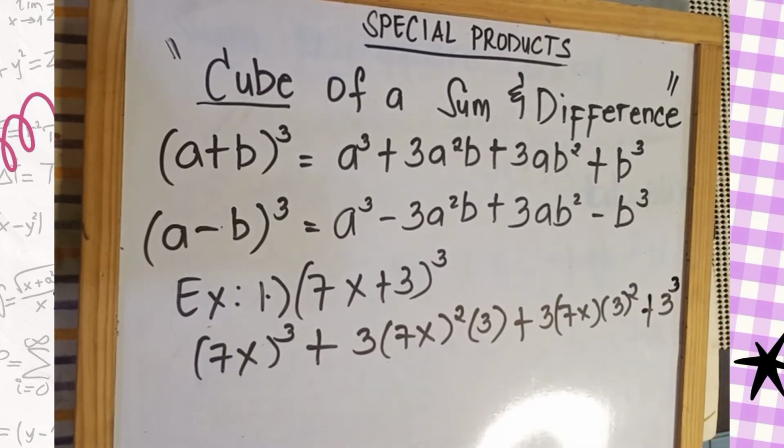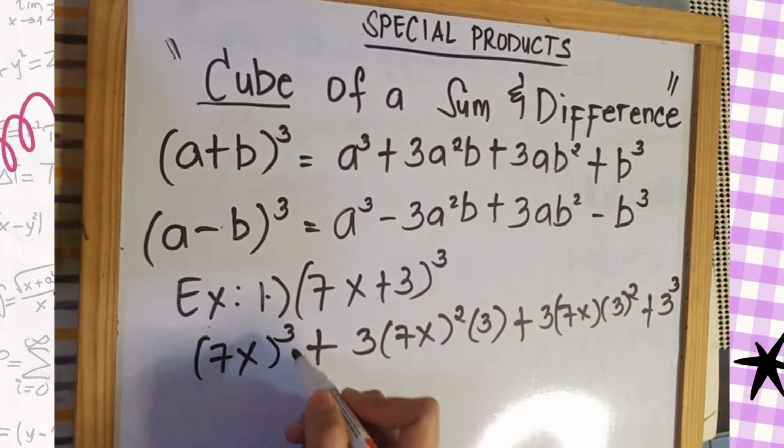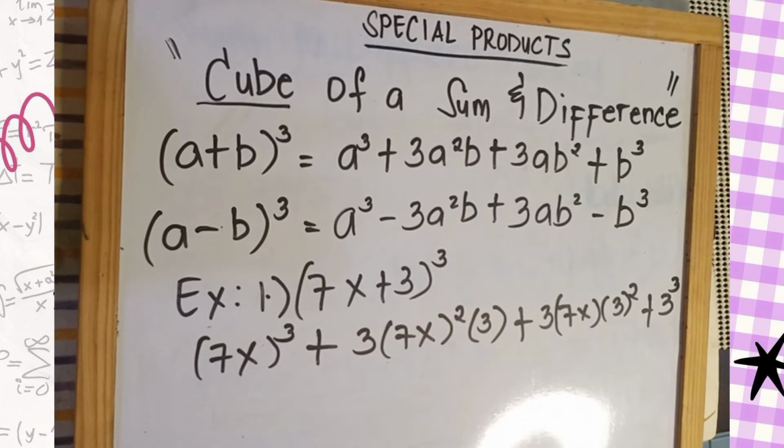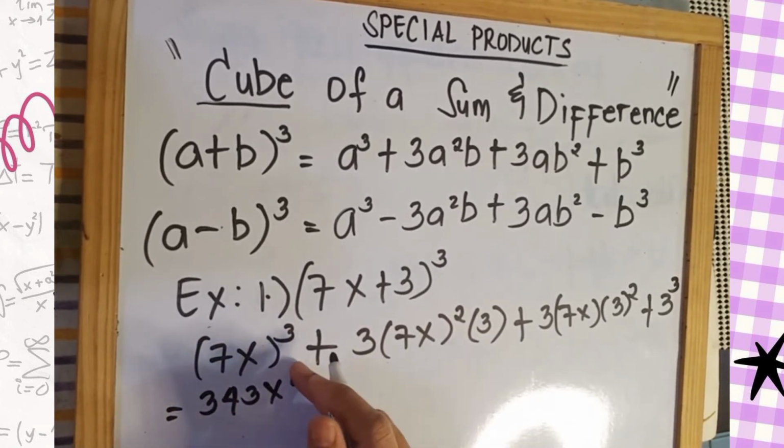Okay, so let's now simplify our answer. So, first term, 7x cubed. So, 7 times 7 times 7. So, that is 343x cubed. I'm sorry, that's cube.